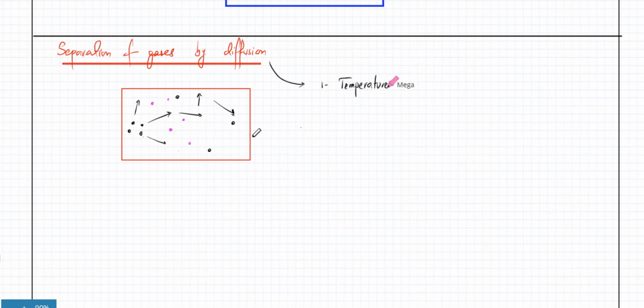For example, you can smell hot food, but the cold food that you take out from the fridge, you're not able to smell it because the particles have very little energy and they're not able to move around. But as soon as you microwave your food and it becomes hot, the particles travel much faster, which is why you're able to smell it very quickly. So with higher temperature, diffusion is faster.